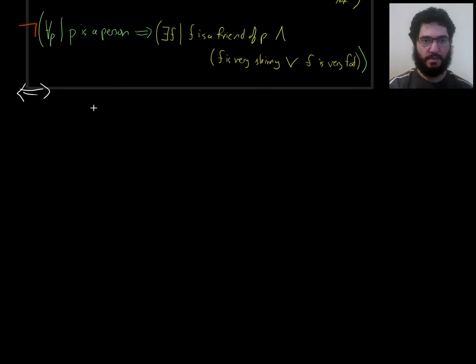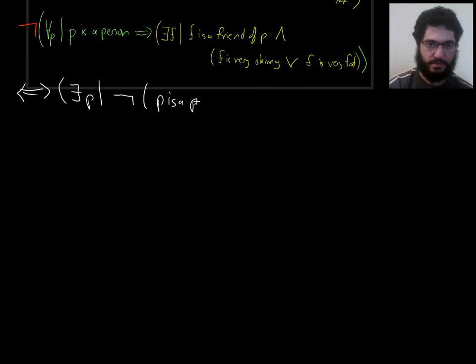So this is the same as, and then the negation can be stuck inside here. So this becomes there exists P, using our quantifiers and negation rule, such that it's not the case that if P is a person, then there exists F, such that, and then all that stuff in yellow in there.